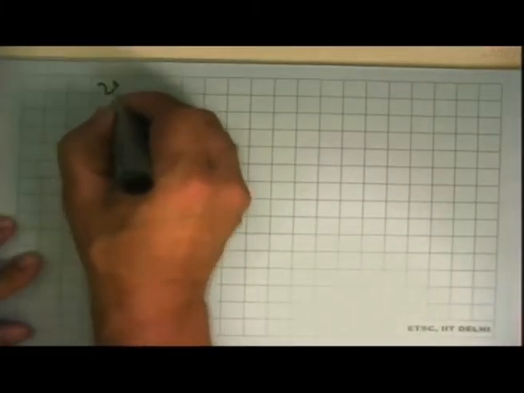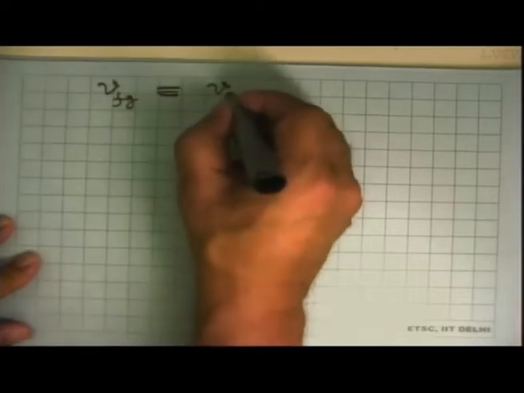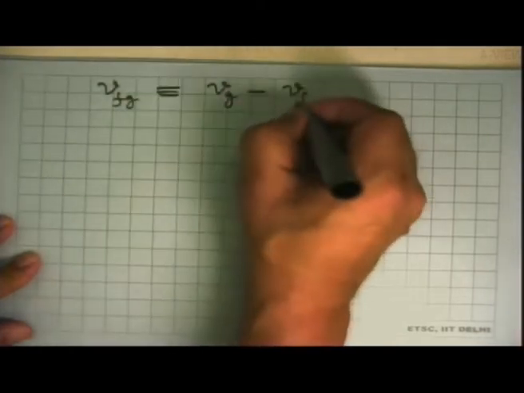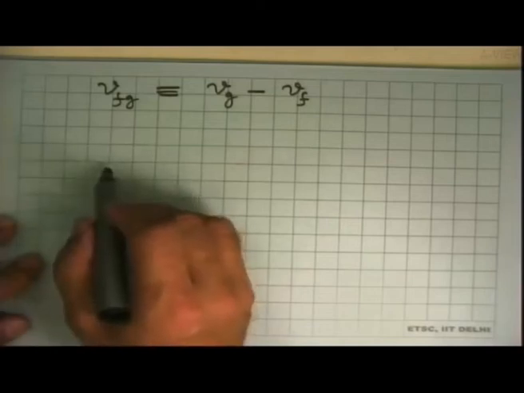And there is one more definition that comes in, and that has to do with the fact that we define a new term, Vfg, as Vg minus Vf. That means the specific volume change during the phase change.